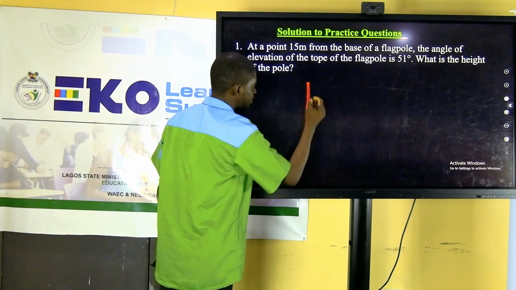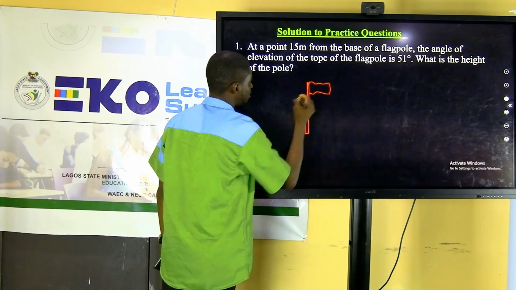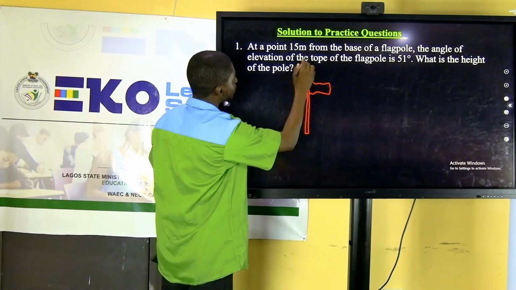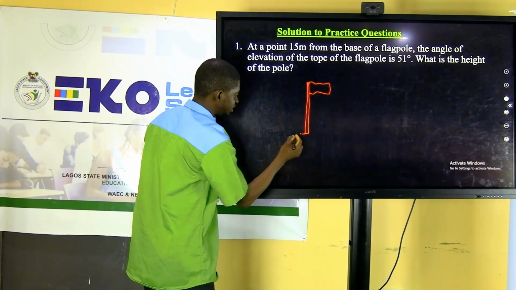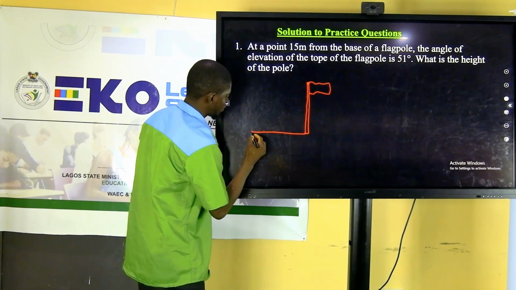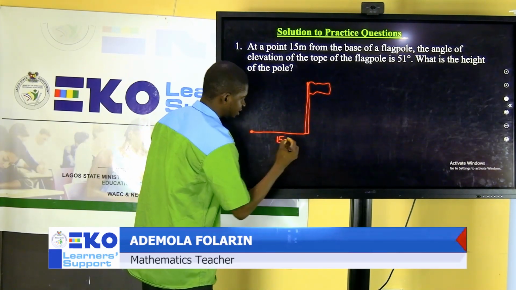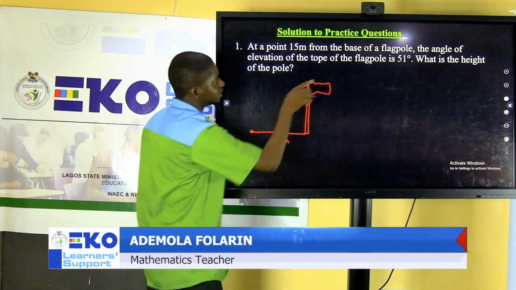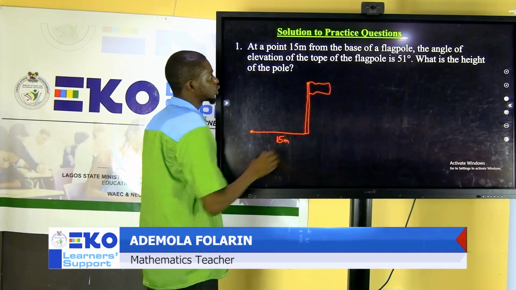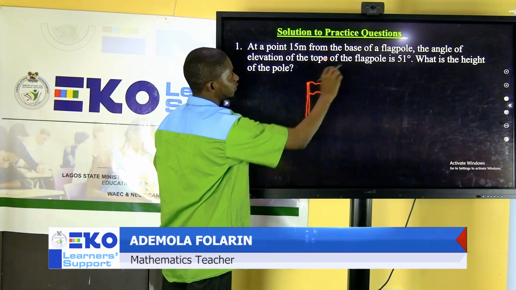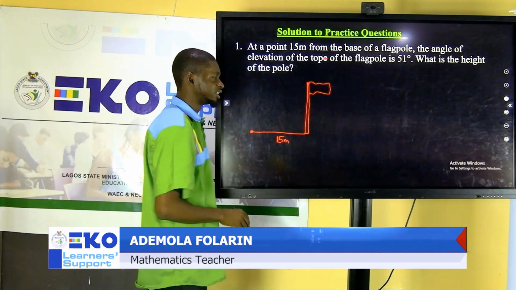At a point 15 meters to this point of the base of the flagpole, the angle of elevation to the top of the flagpole is 51 degrees.